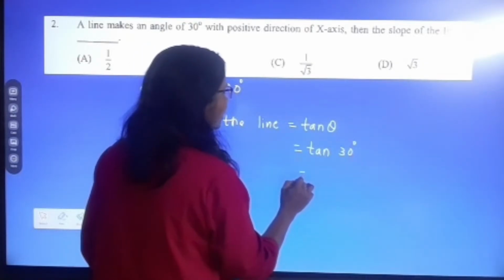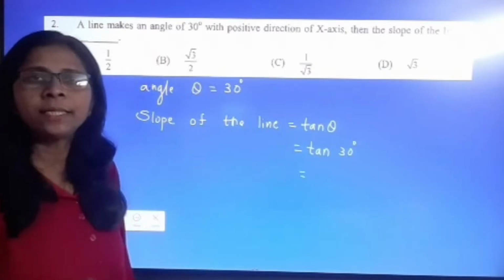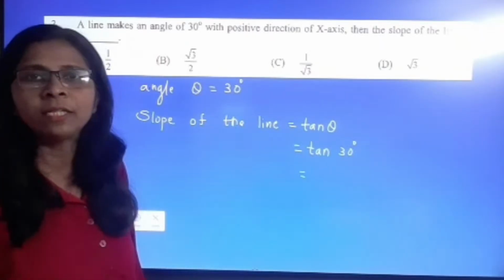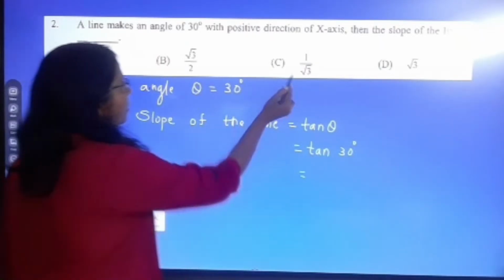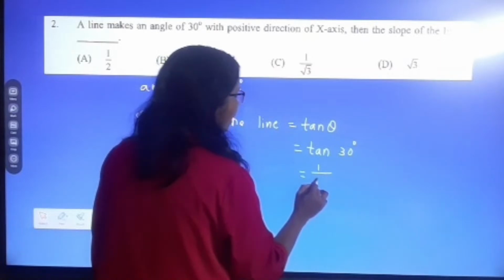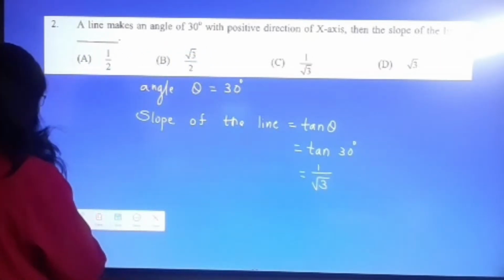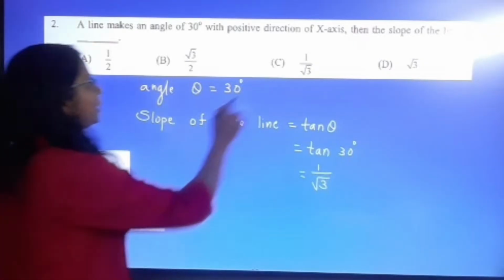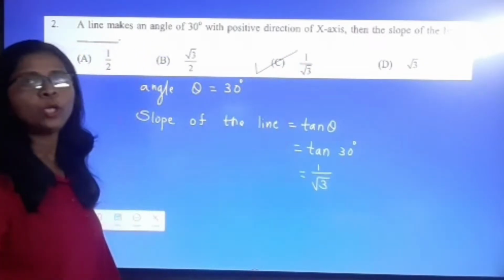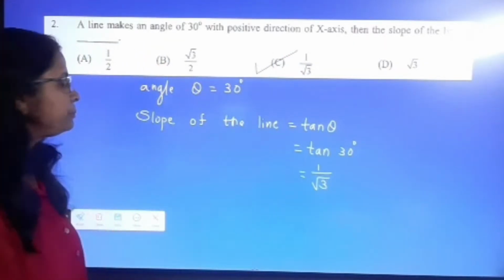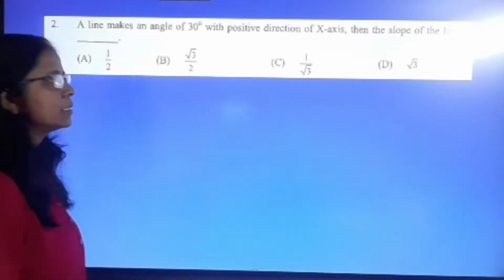So what is the value of tan 30 degree? The value of tan 30 degree is 1 upon root 3. So the slope of the line is 1 upon root 3. So the correct option is C, 1 upon root 3. Okay students, then the next example.